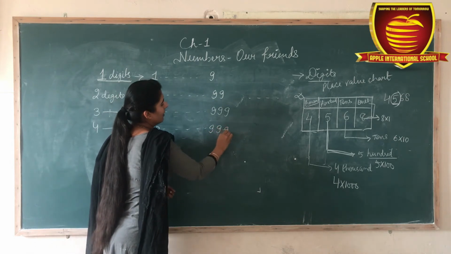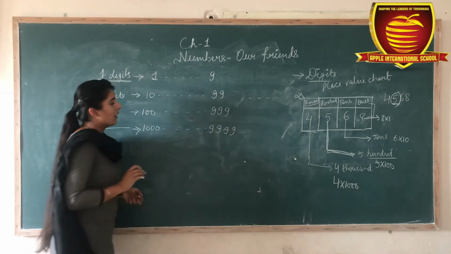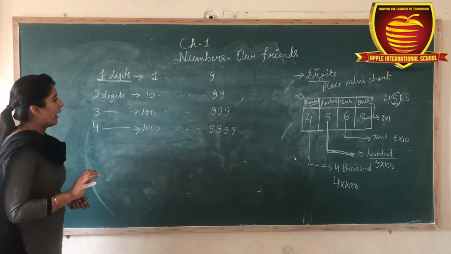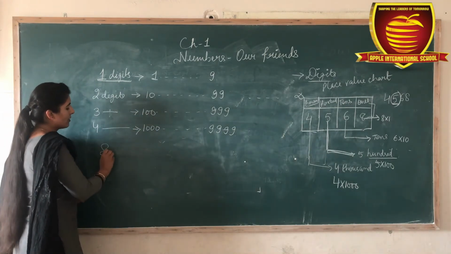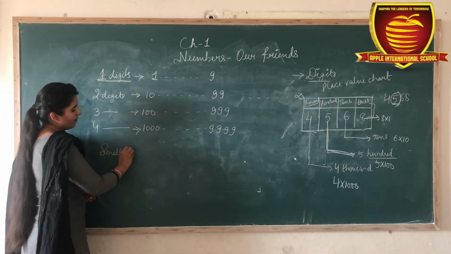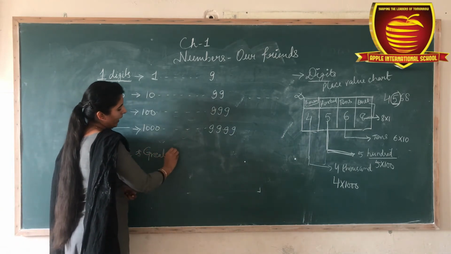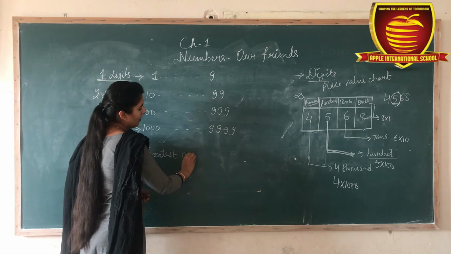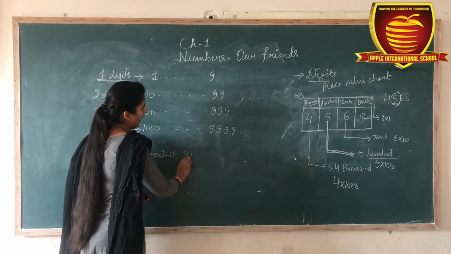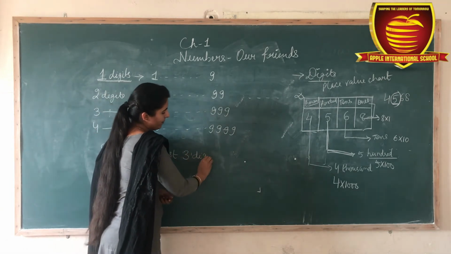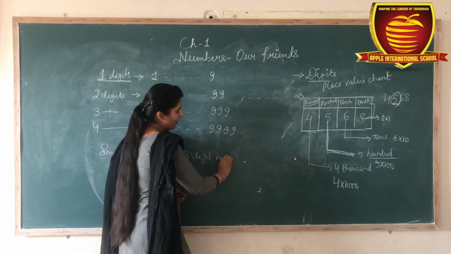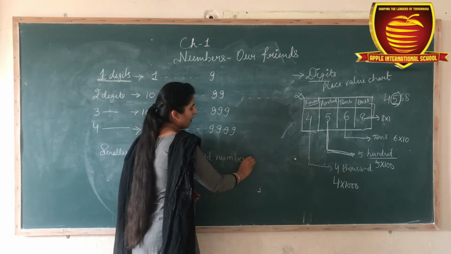9, 9, 9. If I ask you, tell me the smallest and greatest three-digit numbers. Here we talk only about three-digit numbers.